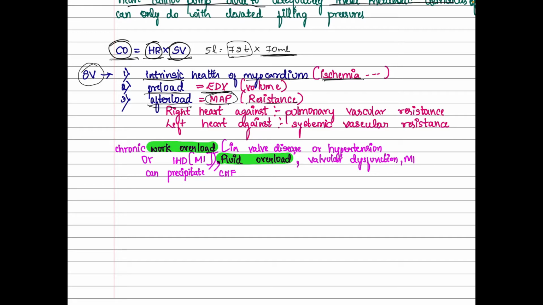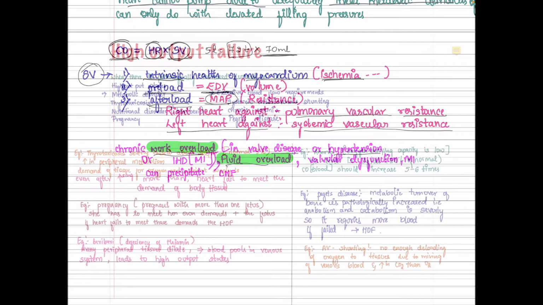The right heart has to overcome the pulmonary vascular resistance, and the left heart has to overcome the systemic vascular resistance. When these are disturbed, the main cause of heart failure is work overload, that is volume overload and pressure overload. Work overload is caused by valvular heart disease, hypertension, and ischemic heart disease.